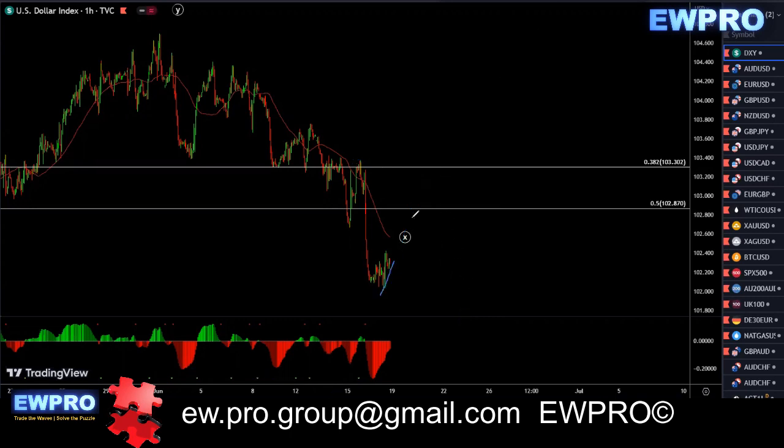If you got a nice move up here, a bear hidden, and then a sell setup, you could look for the sell. If you want to learn how to trade these hidden divergences, you'd have to join the group. I can't really go into it much here.